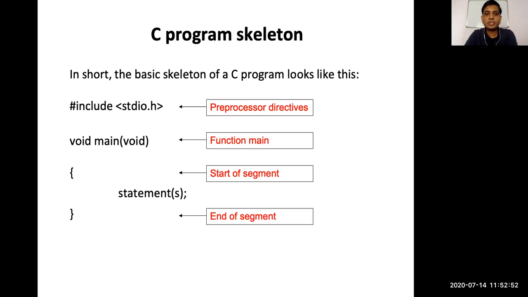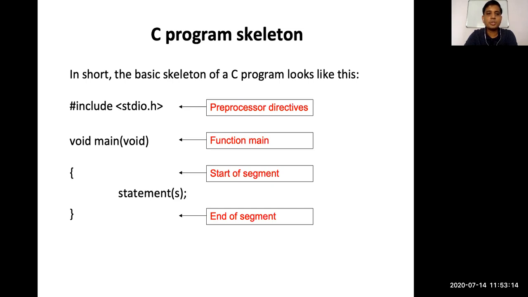But our desktop application needs to exit: whatever task we have given to the main function gets executed, and after completing the task, it should exit. That's why the life of your program is only within the main function.